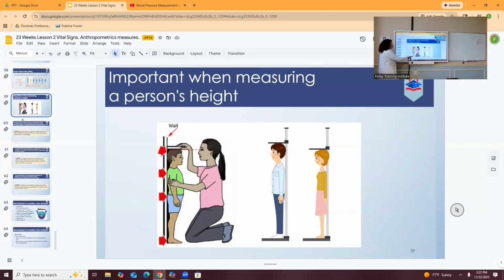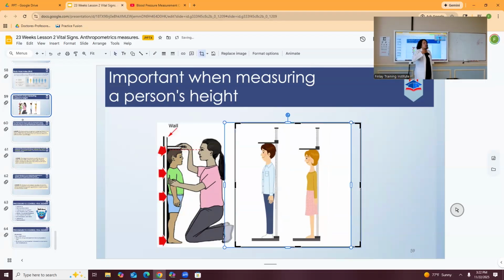The patient has to be without shoes, barefoot. He has to step close to the wall or whatever the scale is, with the chin at the level of the shoulders, okay? And the feet have to be close to the wall, not the toes, okay?